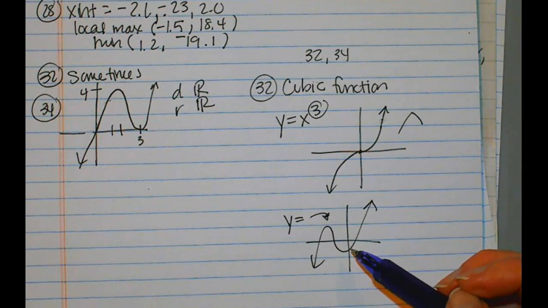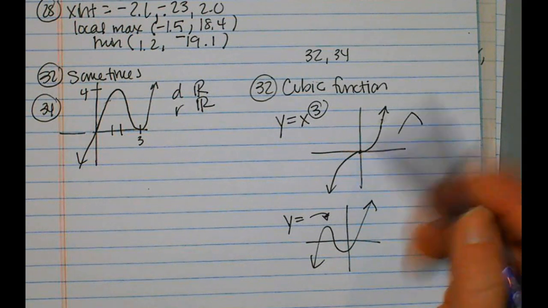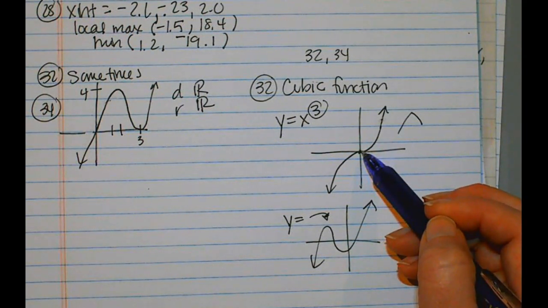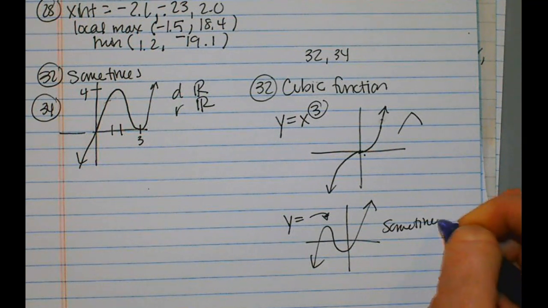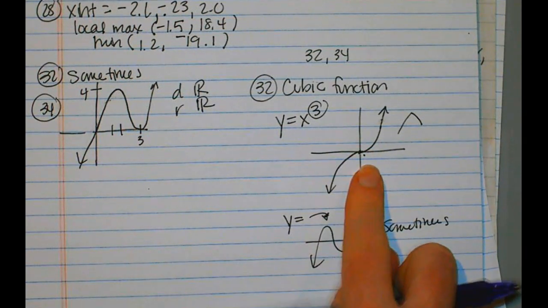So sometimes it has turning points. Here it is. And this one doesn't. So it's not never because I can have it. And it's not always because here's a disqualifying graph for always. This is not always. This is sometimes. It's definitely not never because I have this one. So is that better? Okay. So this is the counterexample of the parent function.